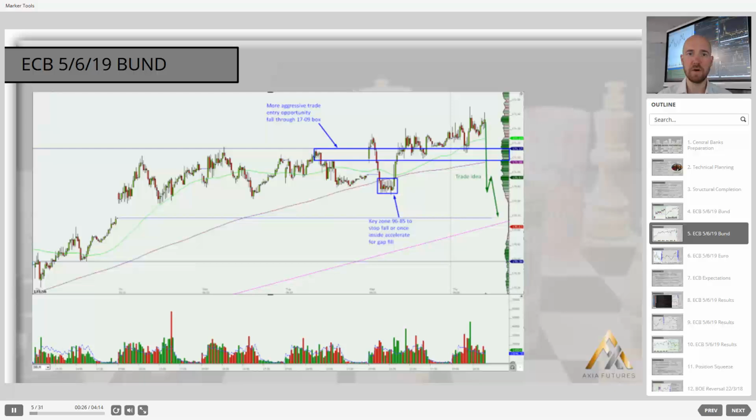The larger box at the top to me indicates a more aggressive type play, a play whereby it's a move back below those 17s, and as long as we don't move into that box and back out of it, this potentially is setting you up for a move down towards the lower box and ultimately towards the lower blue line, which indicates the gap fill at 170.69s.